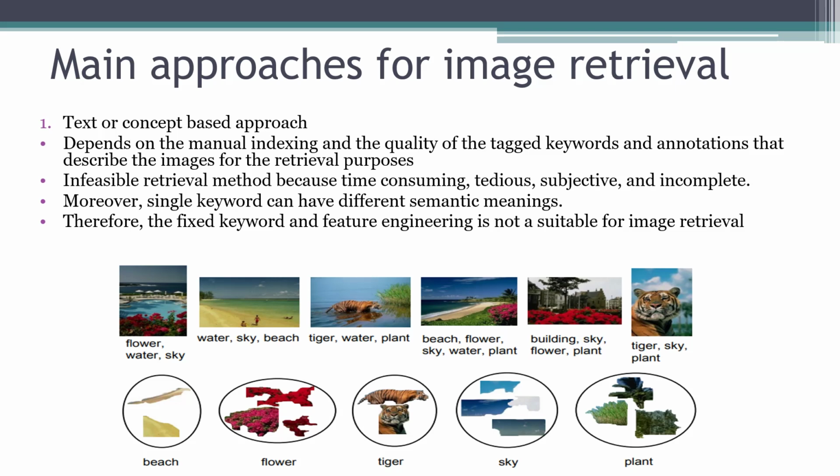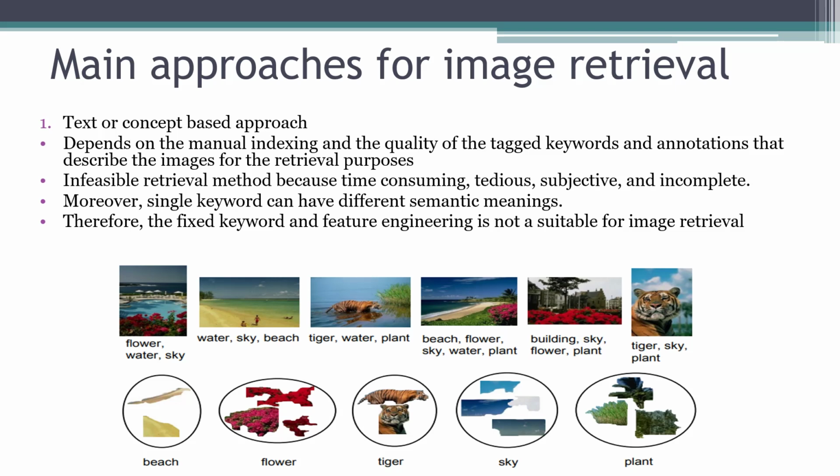Moreover, the assigned keyword may not describe the image properly. For example, a single keyword can have multiple semantic meanings. That means different keywords can describe a certain image, and at the same time a single keyword can describe multiple images.